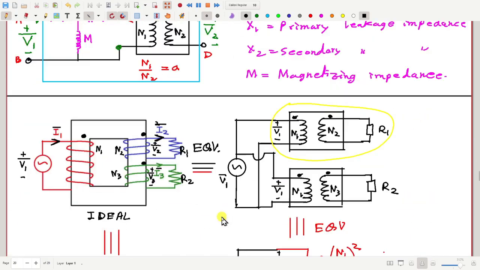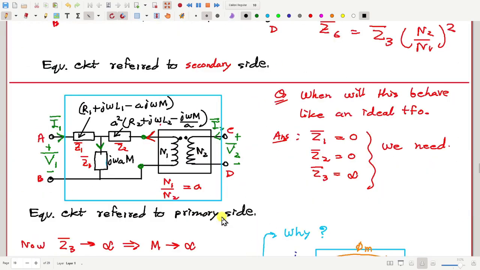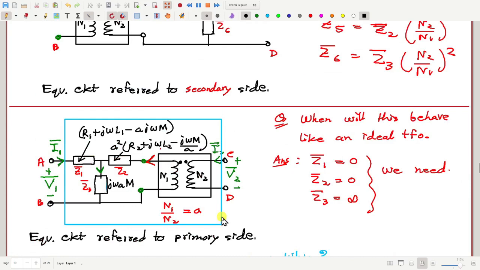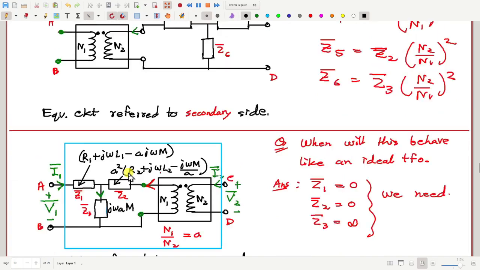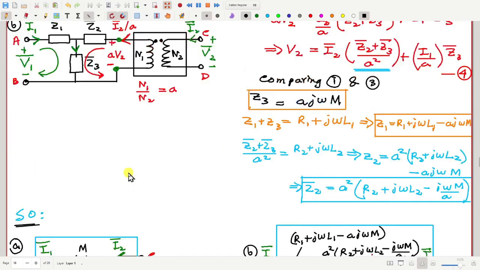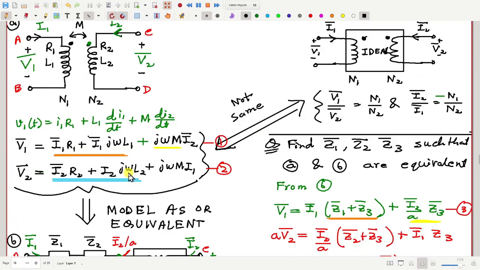Now, when we derived the equivalent circuit of a transformer, we started from these equations. In these equations, we are considering non-zero coil resistance R1, R2, and we are nowhere assuming permeability to be very high.